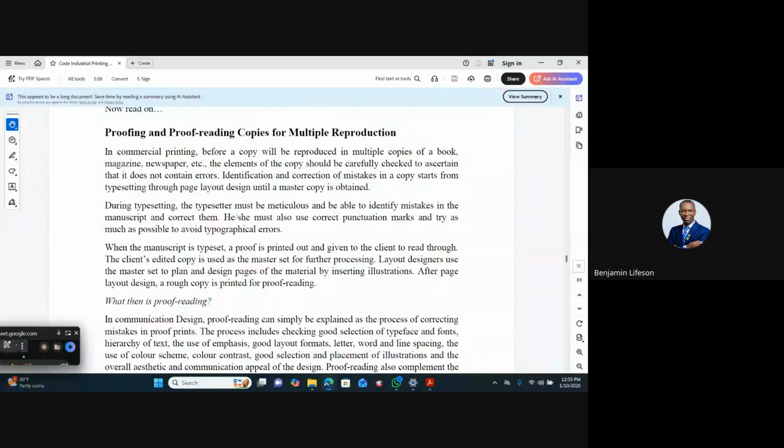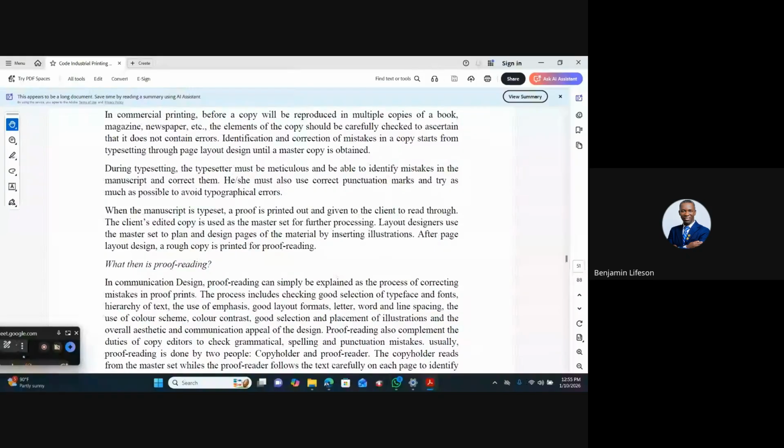The client may not necessarily even see a mistake. Now layout designers use the master set to plan and design the pages of the material by inserting the illustrations, and after page layout, a rough copy is printed for proofreading.